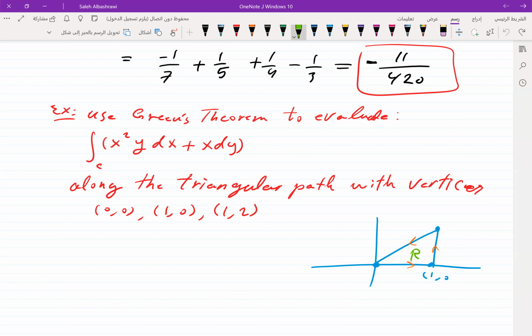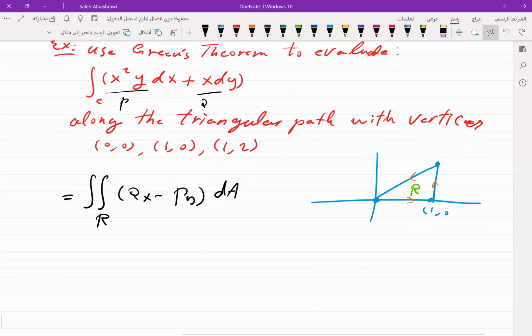So by the Green Theorem, this is equal to, this one is P and this one is Q. So it is Q sub x minus P sub y dA over R, which is equal to Q sub x is equal to 1 minus P sub y is x squared.